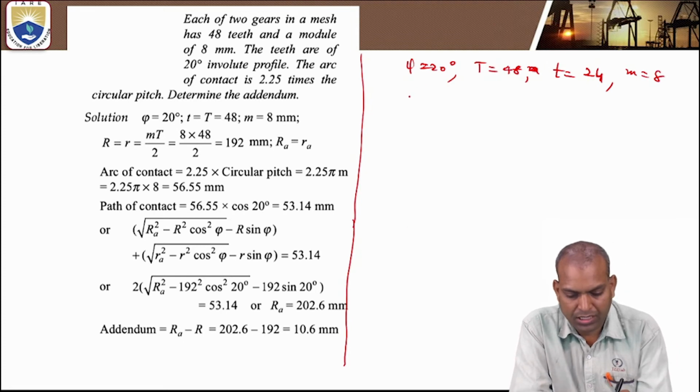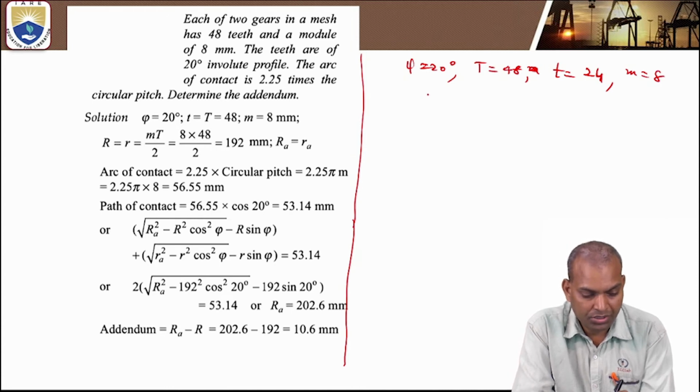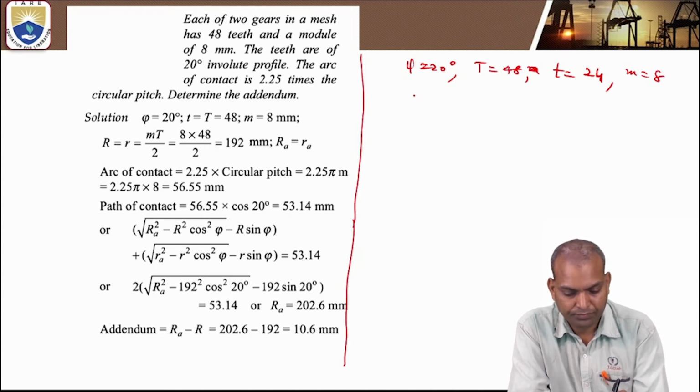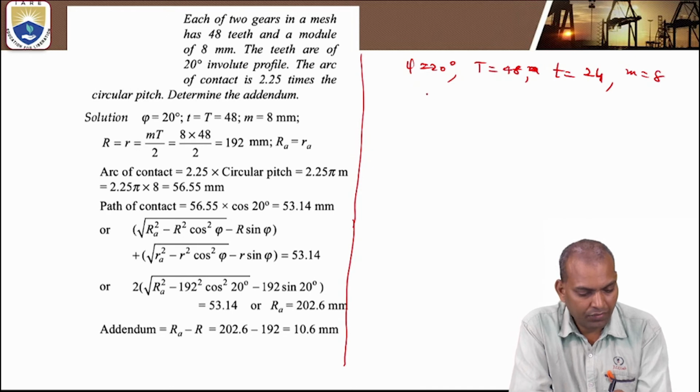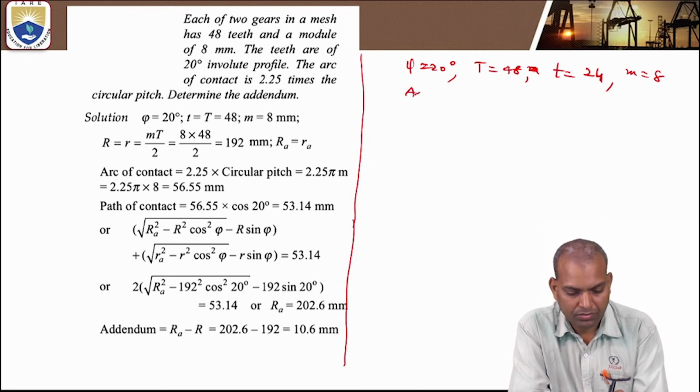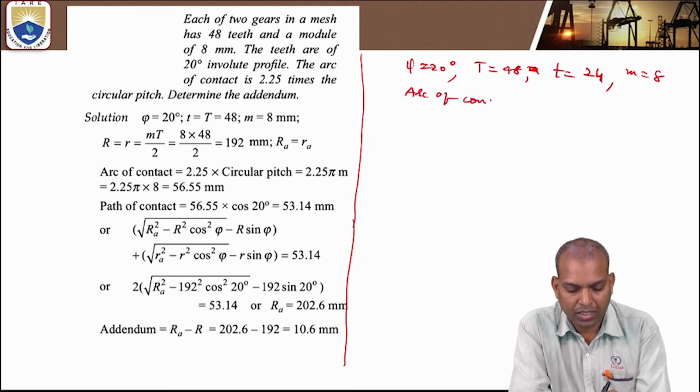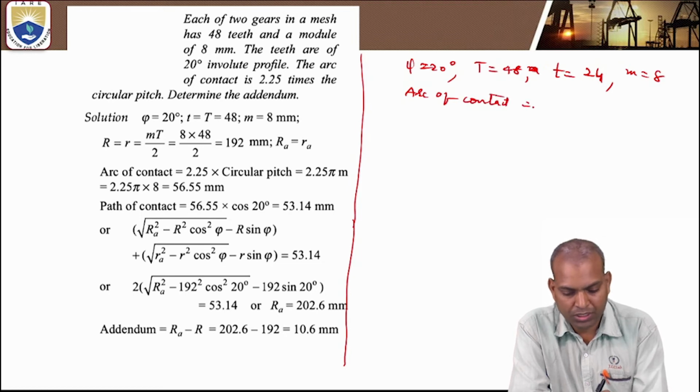Then, for the same condition, the arc of contact is equal to the same thing, 2.25 times the circular pitch.